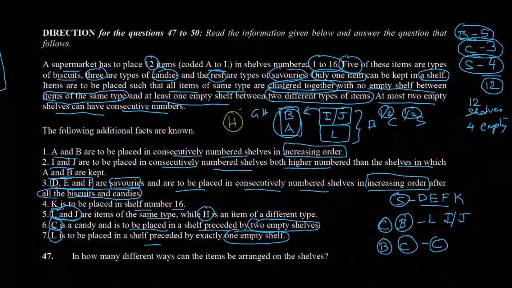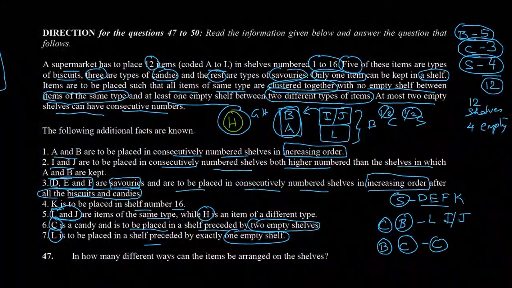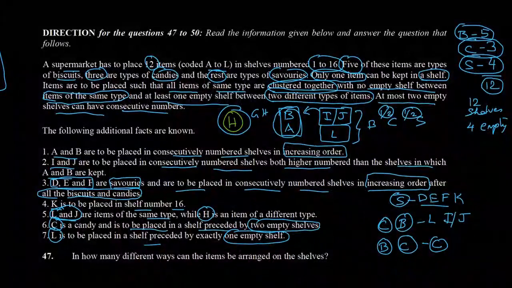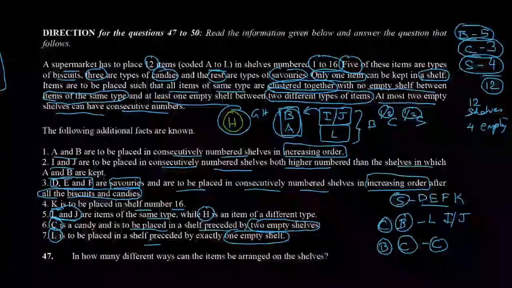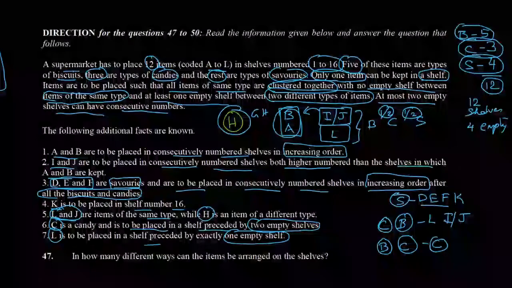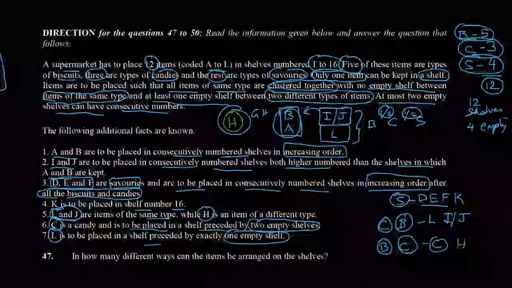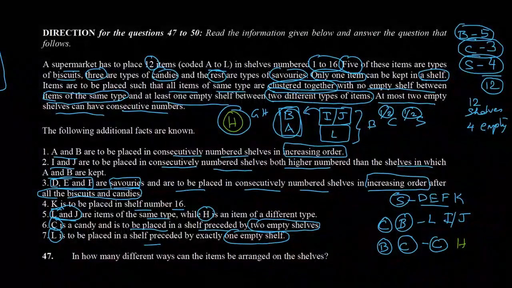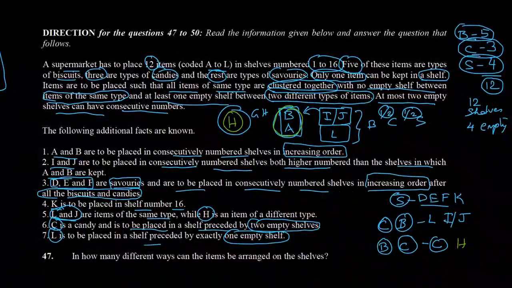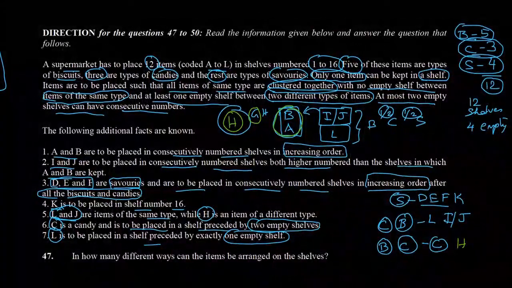Now it is told that H is of a different type of item than I and J. So therefore H cannot be a biscuit because I and J are biscuits. So H has to be a candy. And now we are left with A, B, which are together, so they are one type, and G, we don't know what that is.